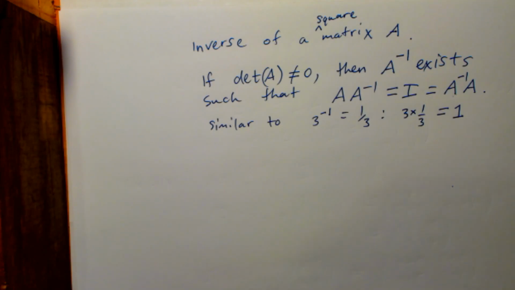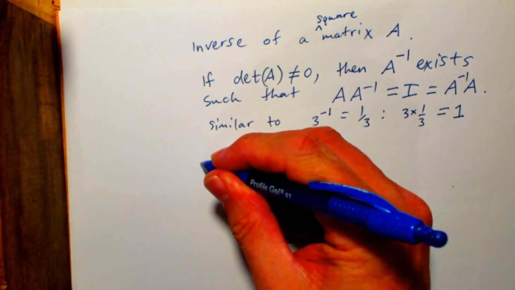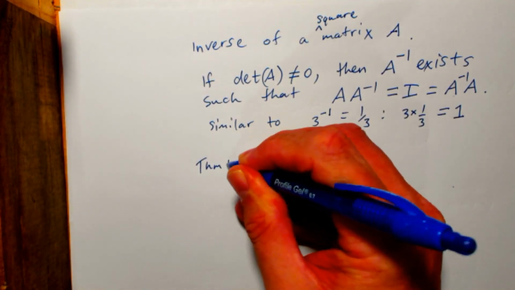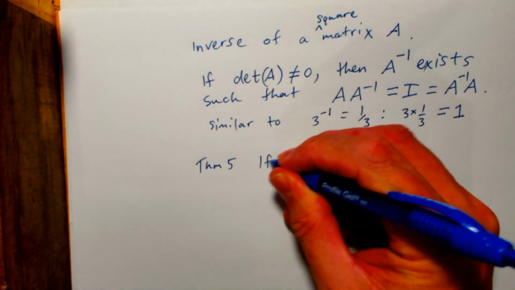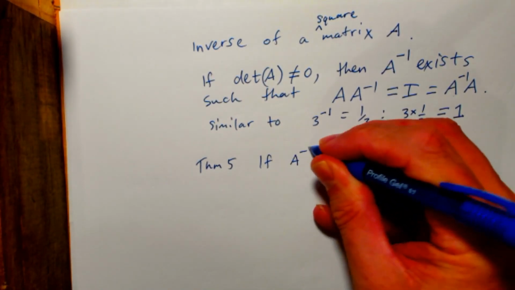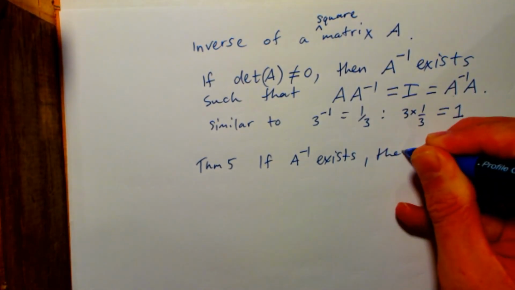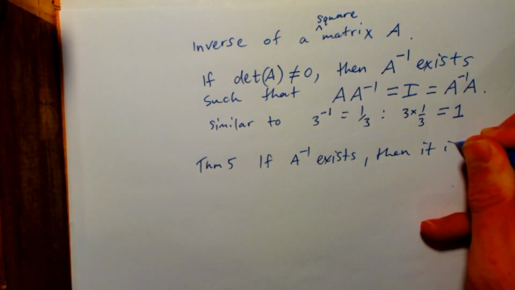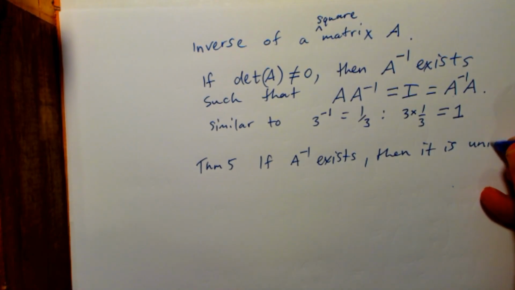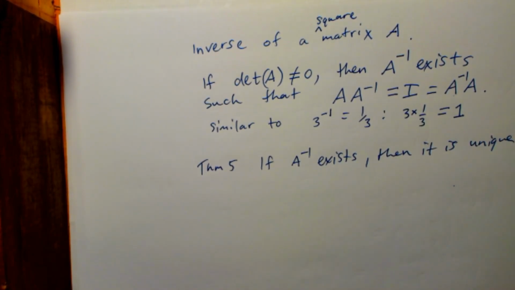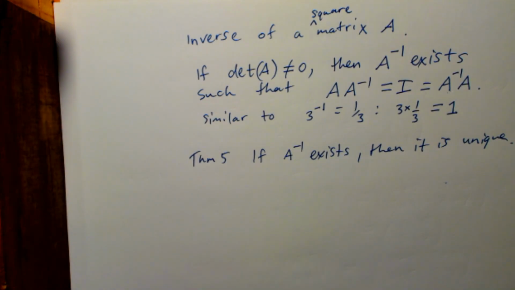Now, our first claim, Theorem 5: if the inverse of a matrix exists, then it's unique. Okay, so say Theorem 5. If A inverse exists, then it's unique. Meaning there are not two of them. There's only one, right? Unique is unique.